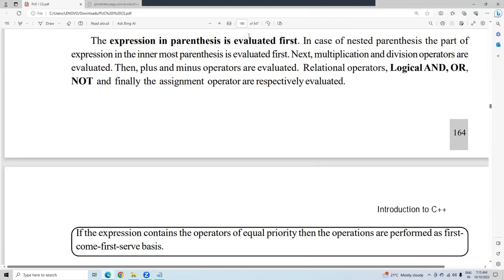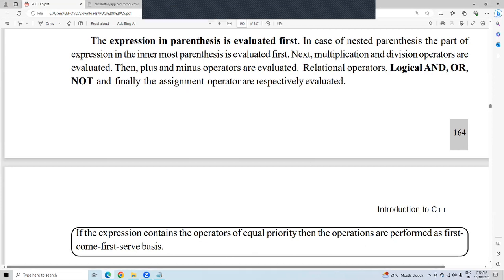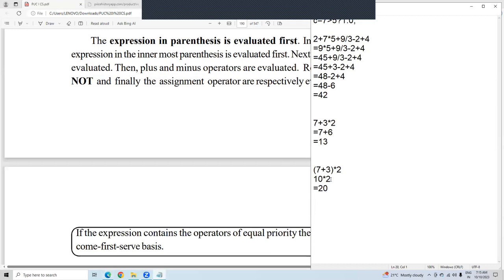So here, in case of nested parentheses, see one more point. In case of nested parentheses, 7 plus 3 into 2 minus 5 plus 6 is there, right? So one bracket is there, set. Fine. And one more is like this.